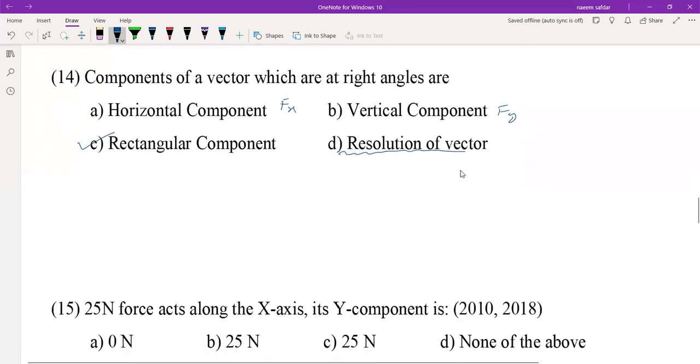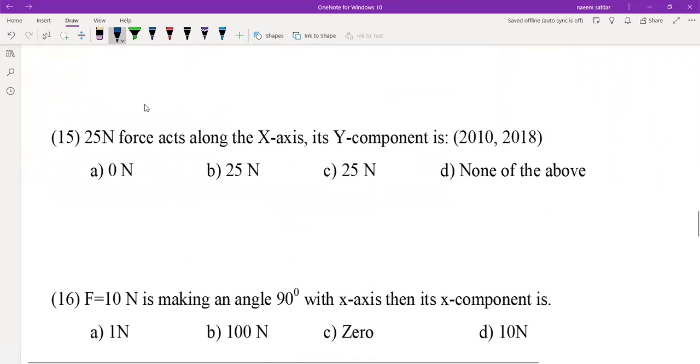Next MCQ number 15. 25 Newton force X along the x-axis. Its y component is? We know Fx is equal to F cos theta and Fy is equal to F sin theta.